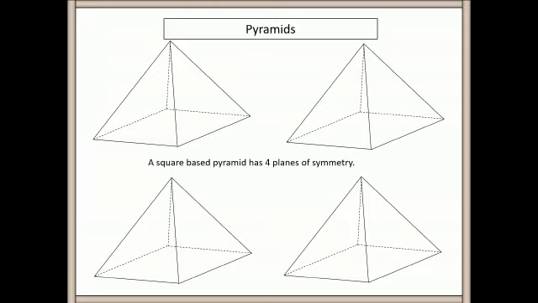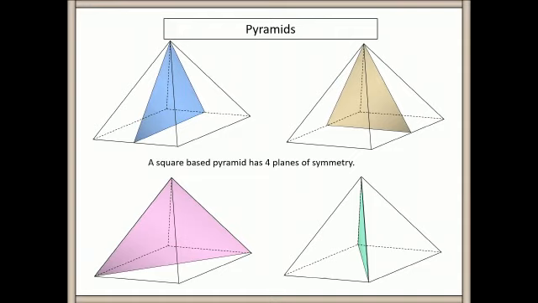So a square based pyramid has 4 planes of symmetry. You can cut through the 4 sides separately and then diagonally. So here we discussed two types of pyramid: the rectangular pyramid and the square pyramid. Square pyramid, 4 planes of symmetry; rectangular, 2 planes of symmetry.